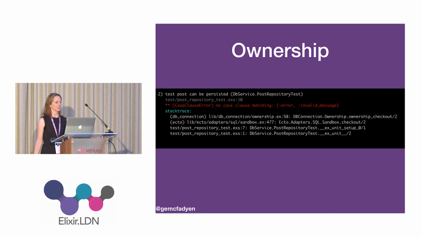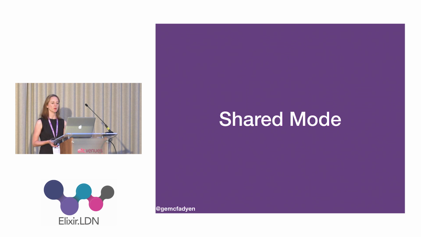But unfortunately, sometimes I was running into ownership problems. The connection, when you start it in your tests, is only started for your test process. So when another process comes along, it doesn't have a connection to use, or it's not authorized to do so. After a bit more research, I realized that the Sandbox was running, but not in the mode I needed.